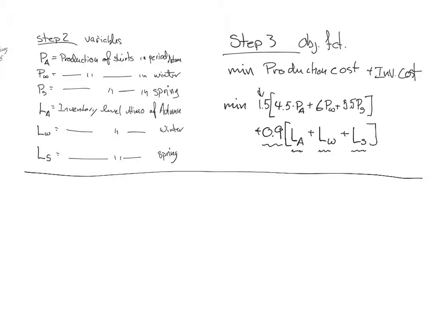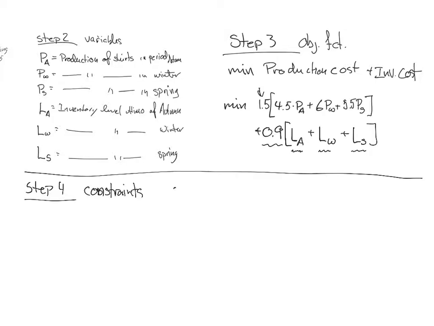Okay, then we can continue to step 4, which is the constraints we need to define now. And here we have a very classical inventory model where we need a constraint of the following form.